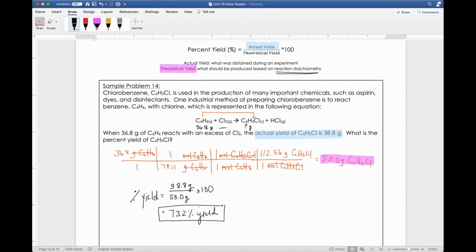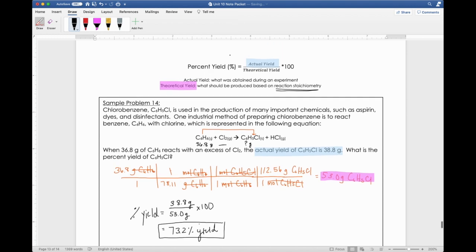Sometimes I might ask you, okay, if a percent yield of a reaction is 80%, how much would a chemist produce given X amount of reactant? So just make sure you can manipulate that equation a little bit, but it's a pretty simple one. Like I said, percent yield is equal to actual over theoretical, and there's those little explanations there.